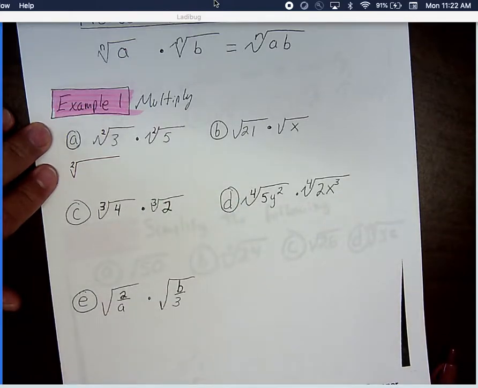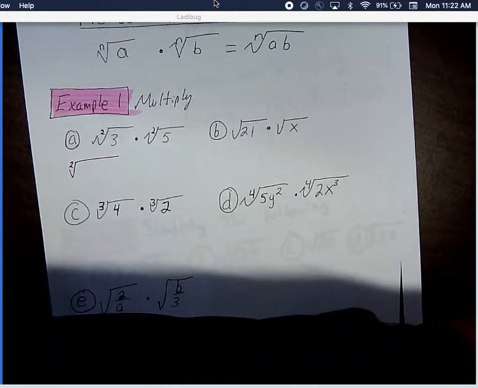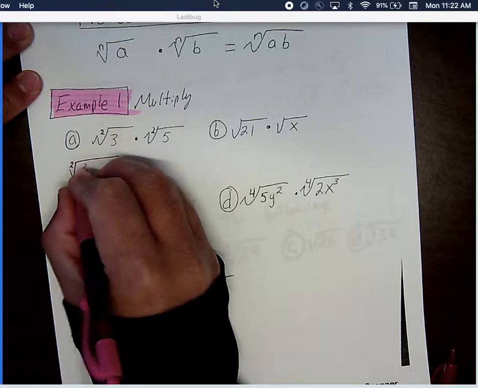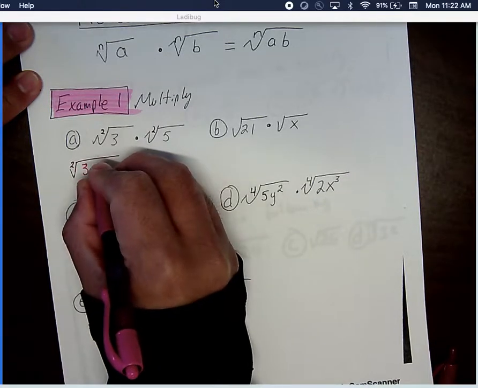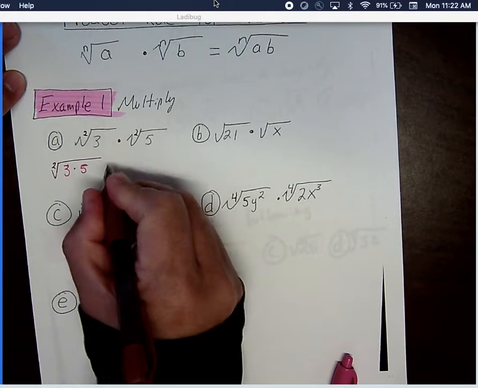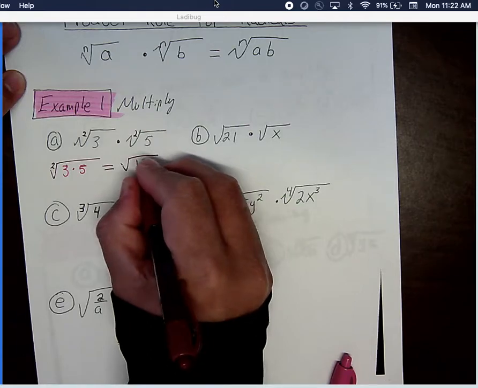I'm going to use a different color, pink, so you guys can see. 3 times 5, and that gives us the square root of 15.